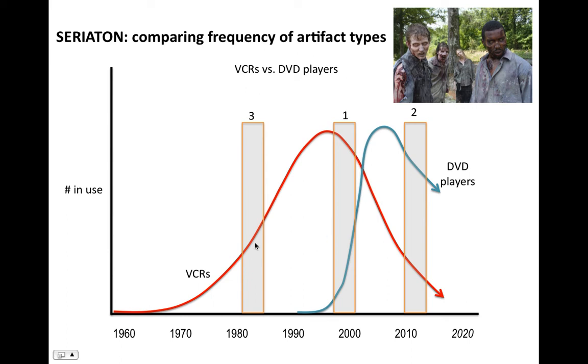So in this case, the town with some VCRs but no DVD players was probably abandoned first. It was abandoned at a time where people had not yet started using DVD players because they weren't invented. The second town to be abandoned is the one with a lot of VCRs and a few DVD players. And then the third town to be abandoned is the one with lots of DVD players and only a few VCRs.